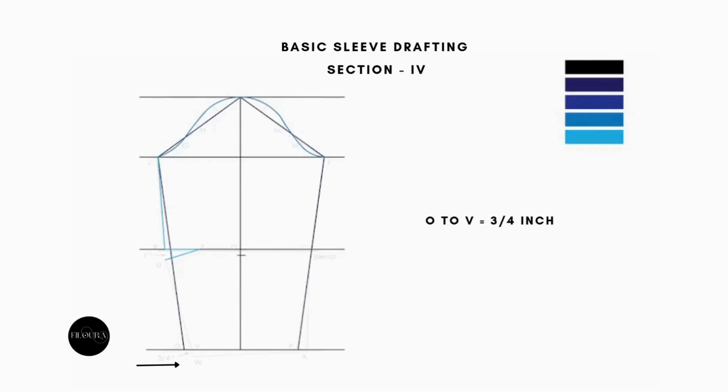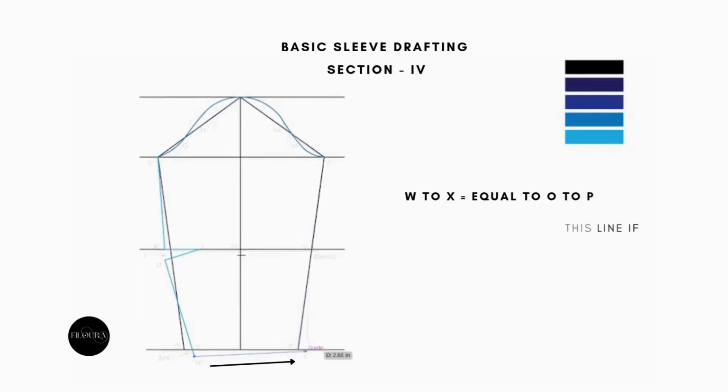Join these points to form a dart. Next, O to V is 3/4 inch. Draw a line from U passing through V and extend it until it equals the measurement from S to P. Mark this point as W. W to X is equal to the O to P measurement.